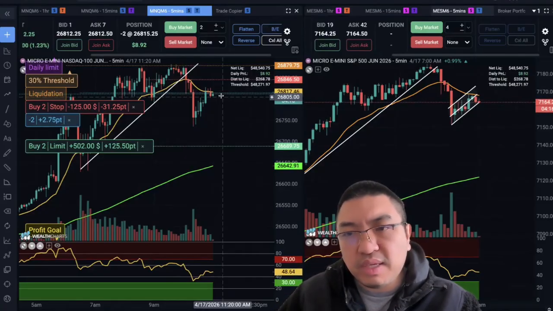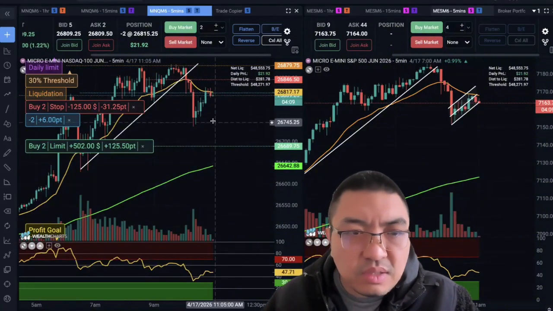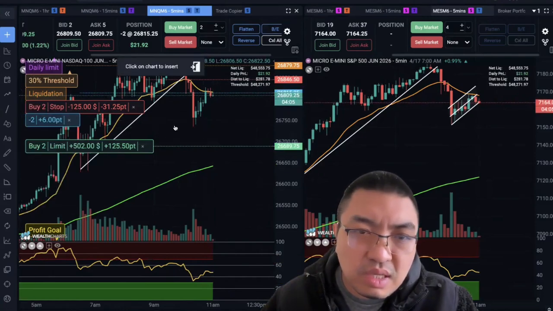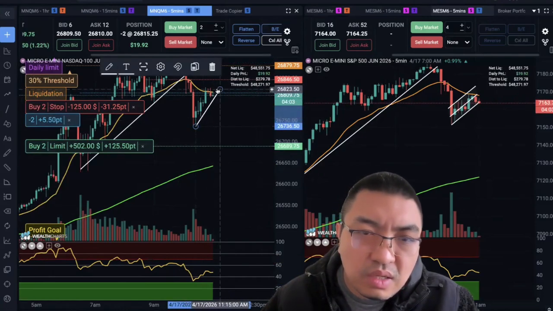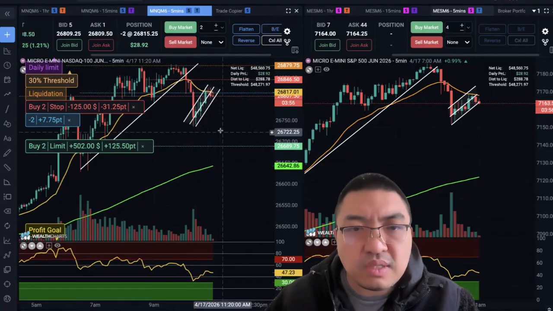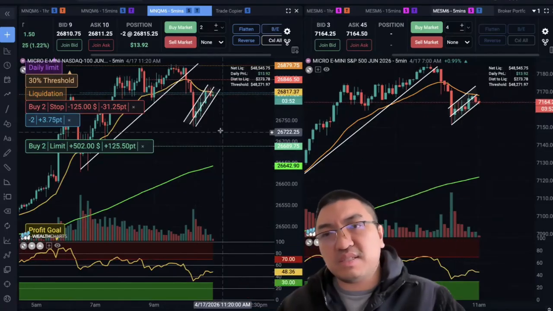Break, break, break. Come on, break the trend line. So for NQ, what's the trend line? Trend channel, let me see. Something like this.